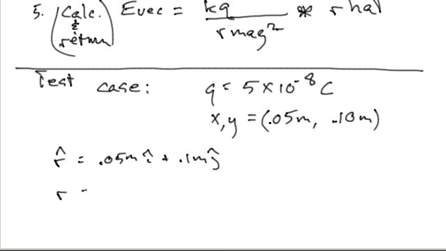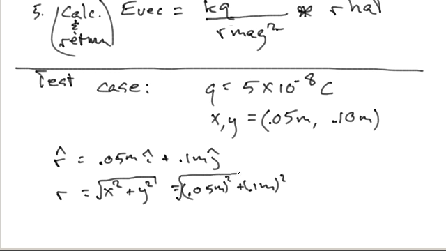R itself, which is the square root of x squared plus y squared, would be 0.05 meters plus 0.1 meters, both of them squared, square root, which is equal to 0.111803 meters.